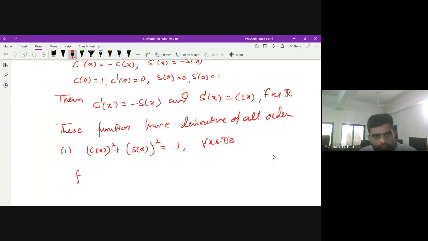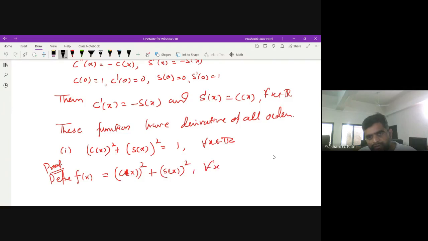If you want to prove this, I define a function, and then I have to prove that this function is a constant function. So just giving the proof for this, define f of x is c of x square plus s of x square for every x in R.